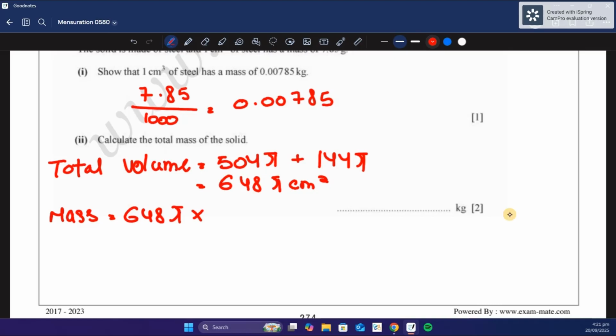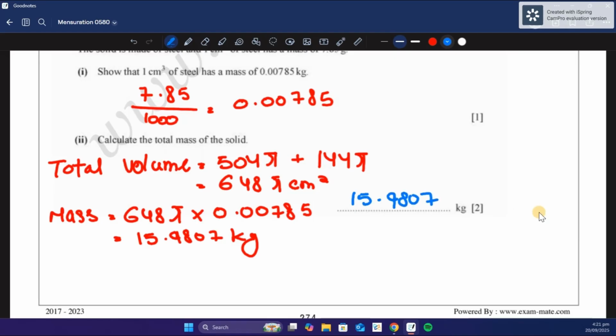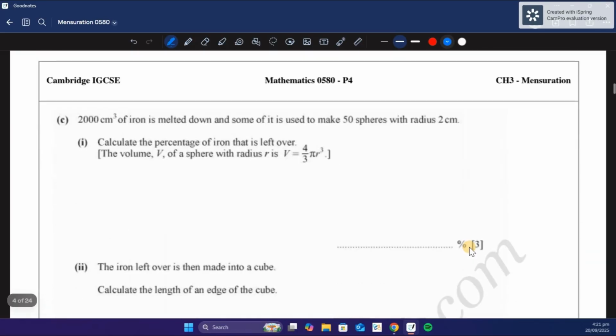So we're just going to write 648 pi, which is the volume in cubic centimeters, into the per centimeter weight, 0.00785. That would give us 15.9807 kg, and that would be our final answer, 15.9807 kg. Alright, makes sense.